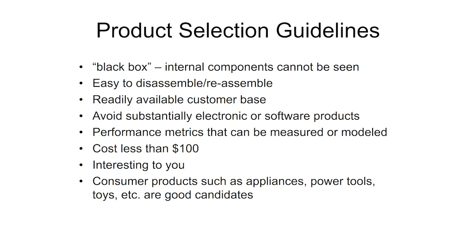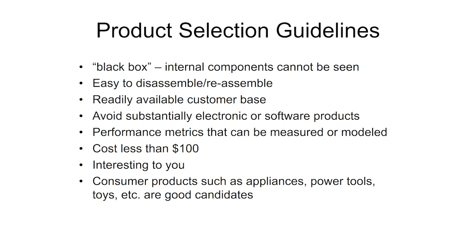Number 5, and this one is a little bit tough to do ahead of time, but I want you, as you're choosing a product, to think about performance metrics that could be measured or modeled, because that's going to be the focus of your redesign efforts. You're going to try to improve some aspect of the performance of the product.